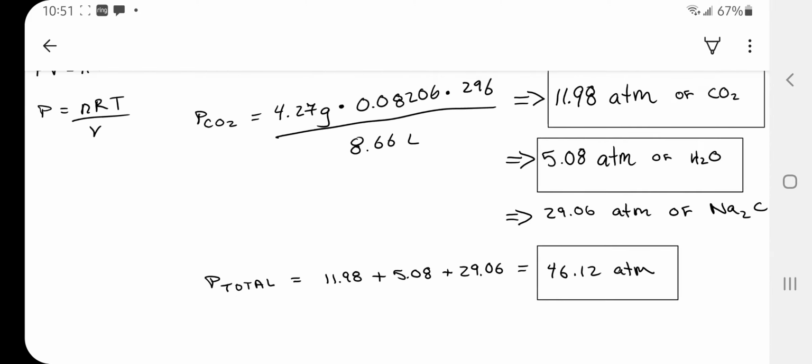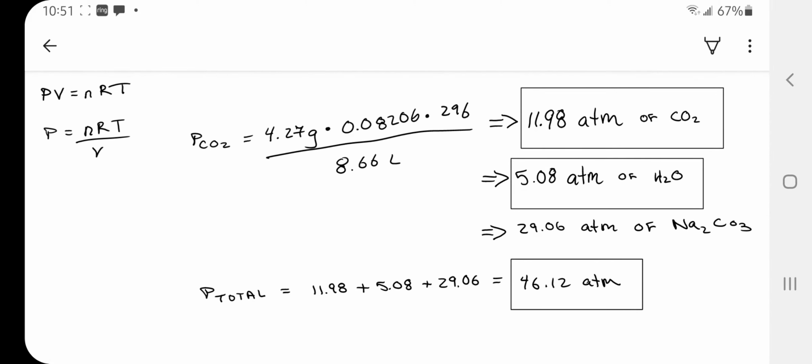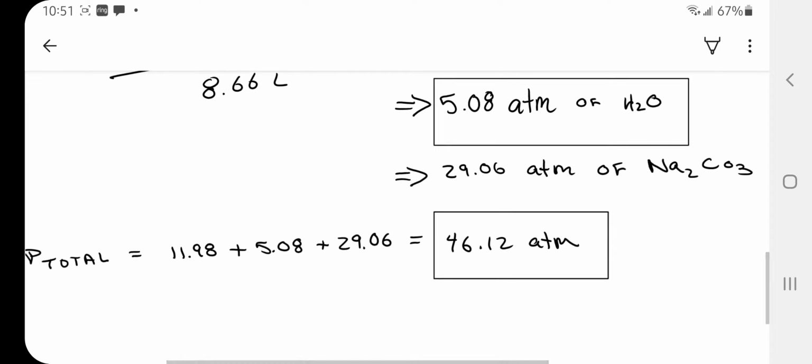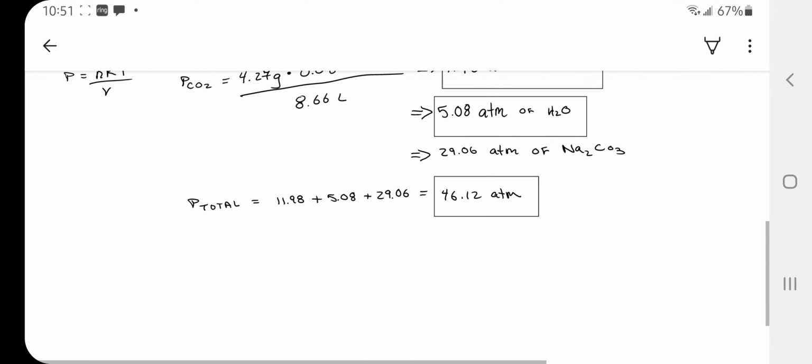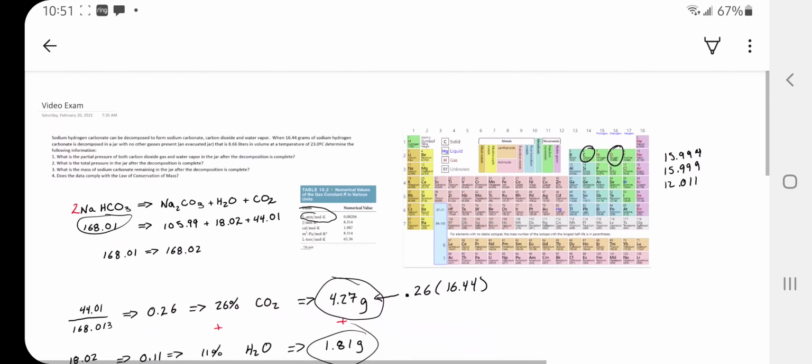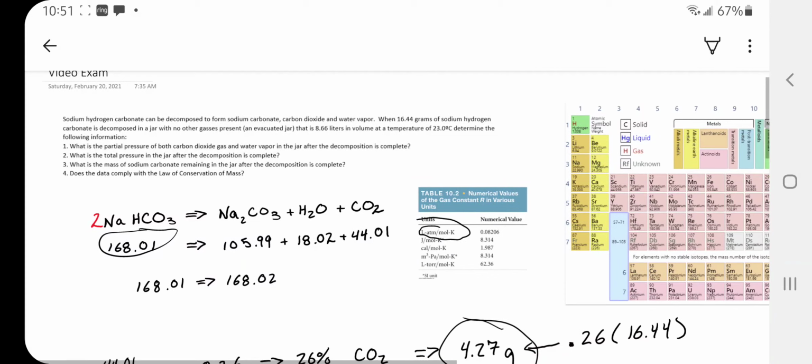So we'll take the 11.98 atmospheres that we got from carbon dioxide, add it to the 5.08 atmospheres of water, and add it to the 29.06 atmospheres of Na2CO3, and we get a total pressure of 46.12 atmospheres.